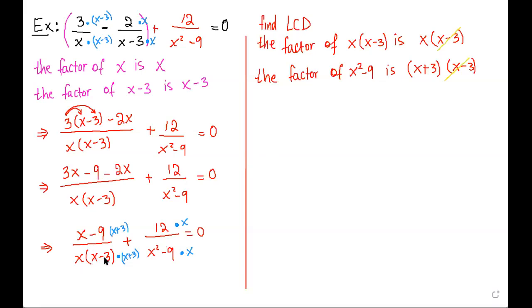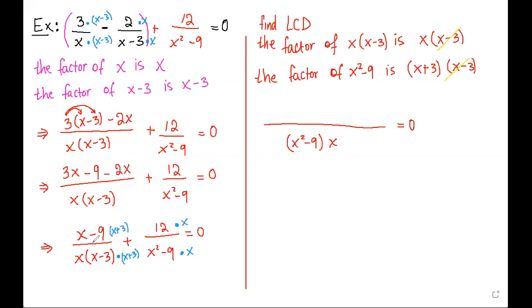X times x minus 3 times x plus 3 is the same as x squared minus 9 times x. Both denominators are now equal, so I make one fraction. I get x squared minus 9 times x as the denominator, and this is equal to 0.